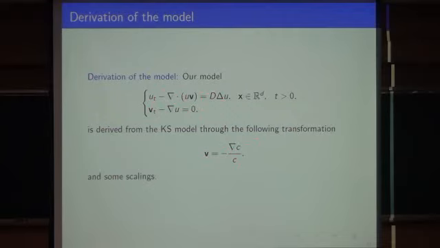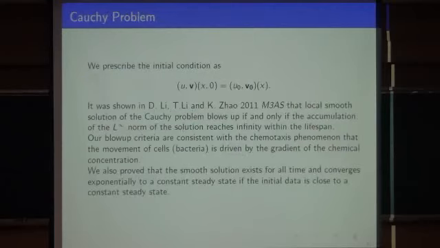After this change of variable, the original system becomes such a quasilinear conservation law with physical viscosity. In one of the works, we consider the Cauchy problem, and we studied the blowup criterion and local existence.